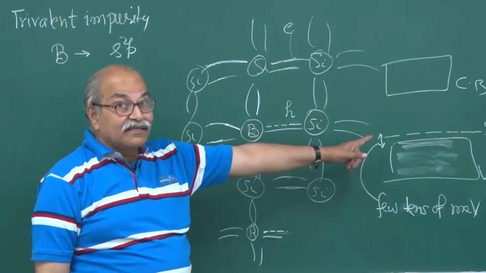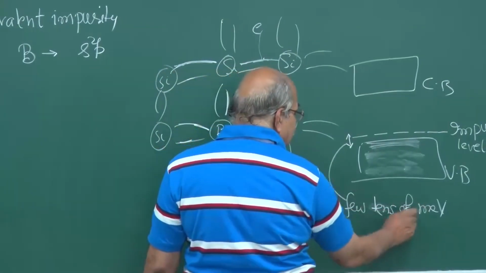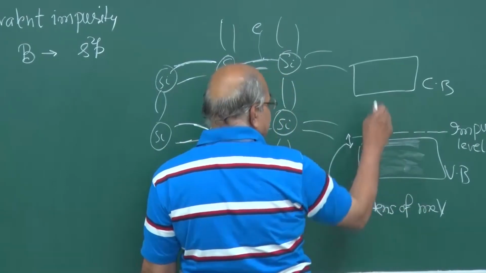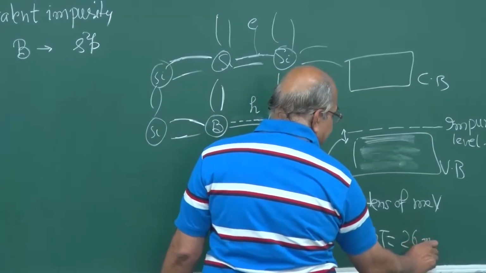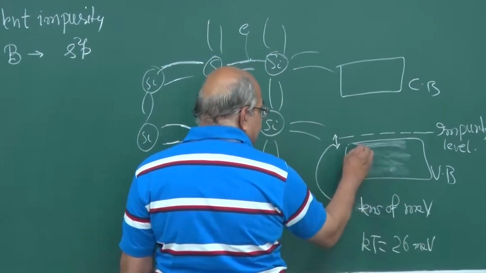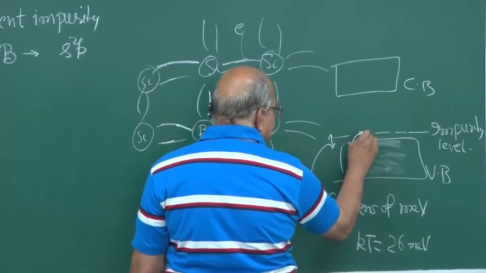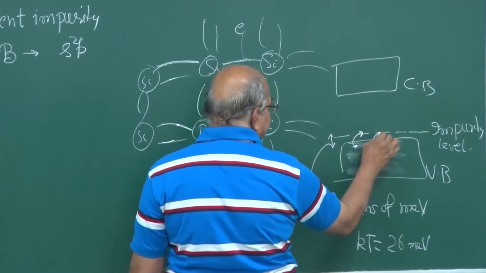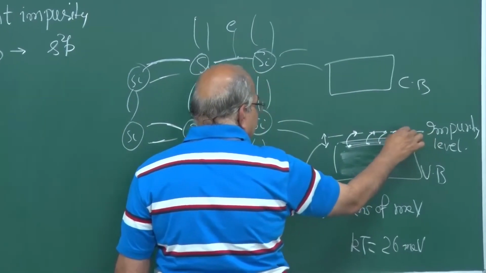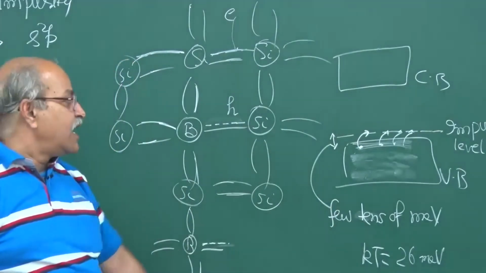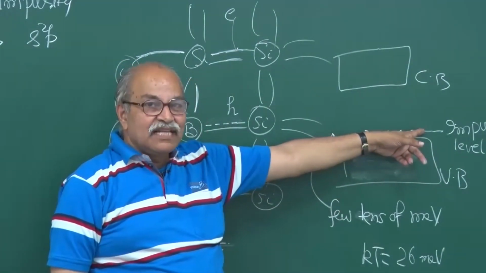Empty states are there, remember. And since this is only a few tens of meV and kT is 26 meV, very easily through thermal interactions, these valence electrons will fill these empty states. There are many quantum states, although the energy is the same, and it's not broadened either. It's a quite sharp energy level here.